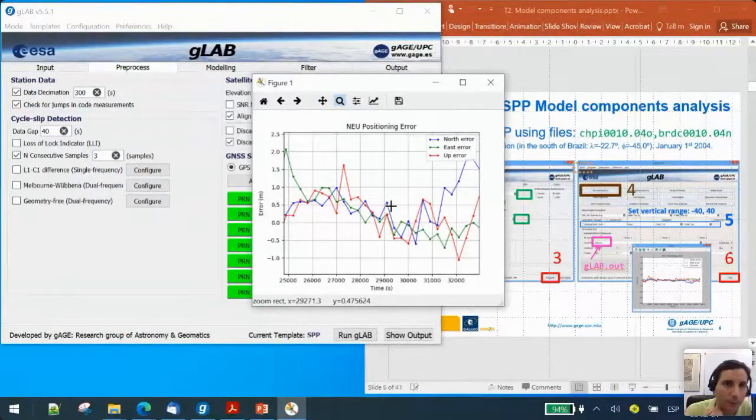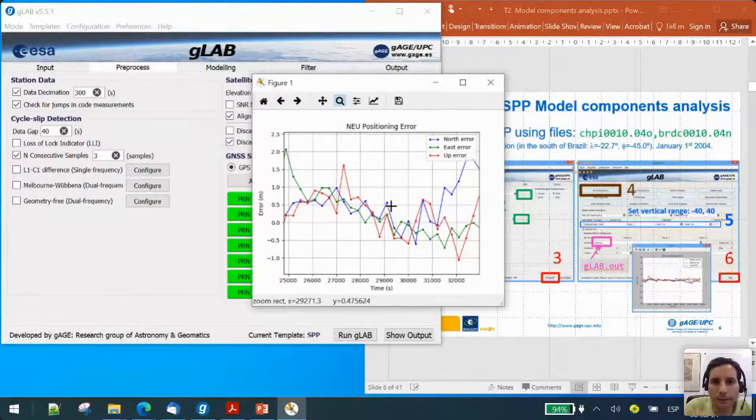But in the case of a permanent station, it's straightforward. We can subtract, we can make the difference of the obtained position and the reference position. And this will give us a difference, what we call the error, in 3D.